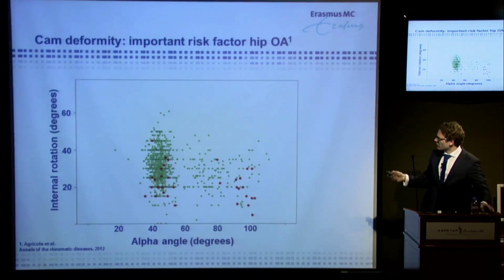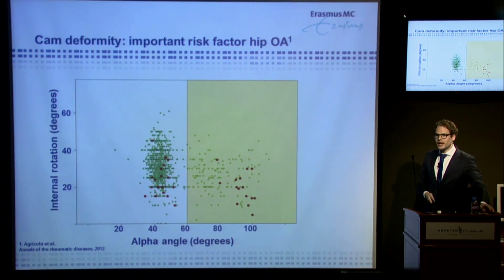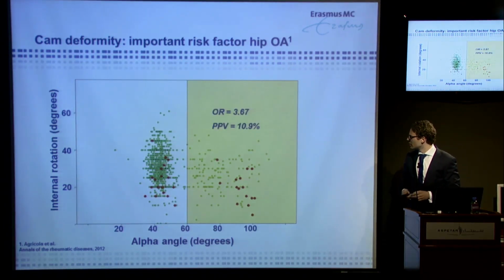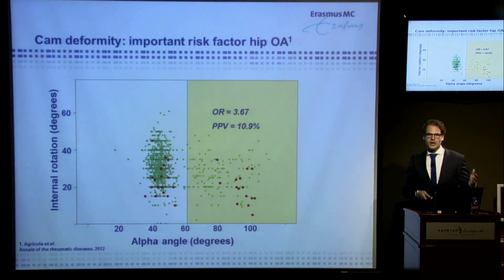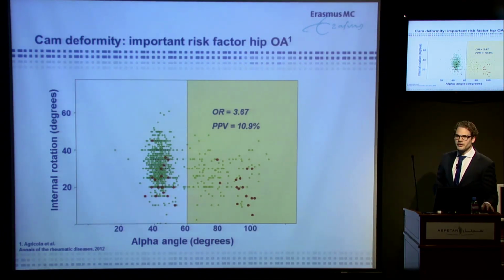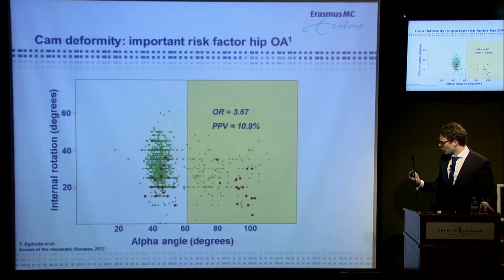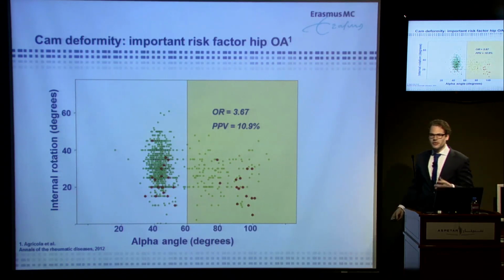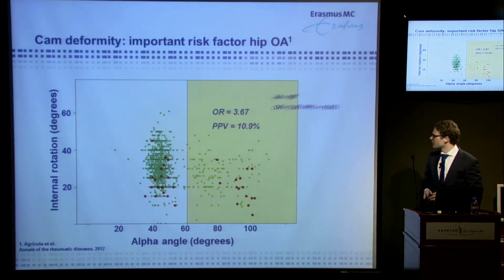And if we then look at baseline at the hips that had a cam deformity, so an alpha angle higher than 60 degrees, we found about 4 times higher risk of developing end-stage OA. But it's also important to mention that a lot of green dots are still in here. So a lot of people with cam deformity don't develop OA within 5 years.